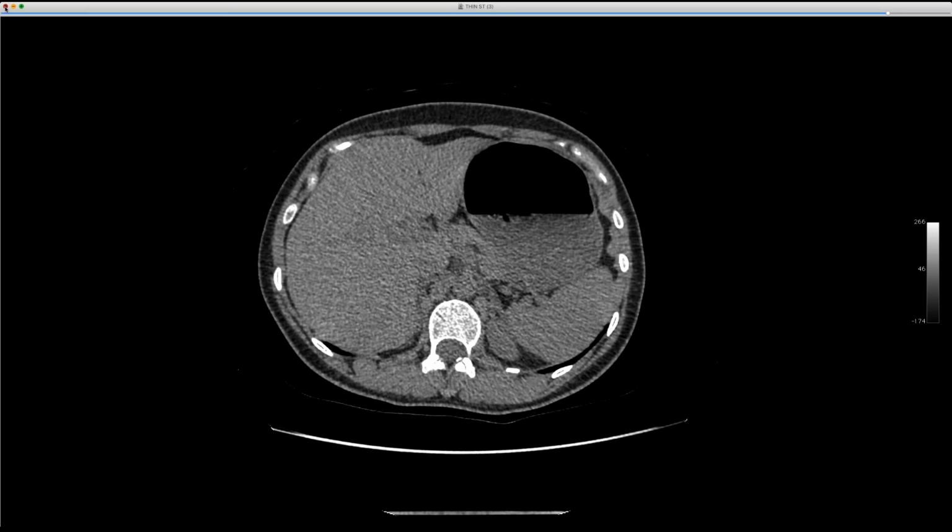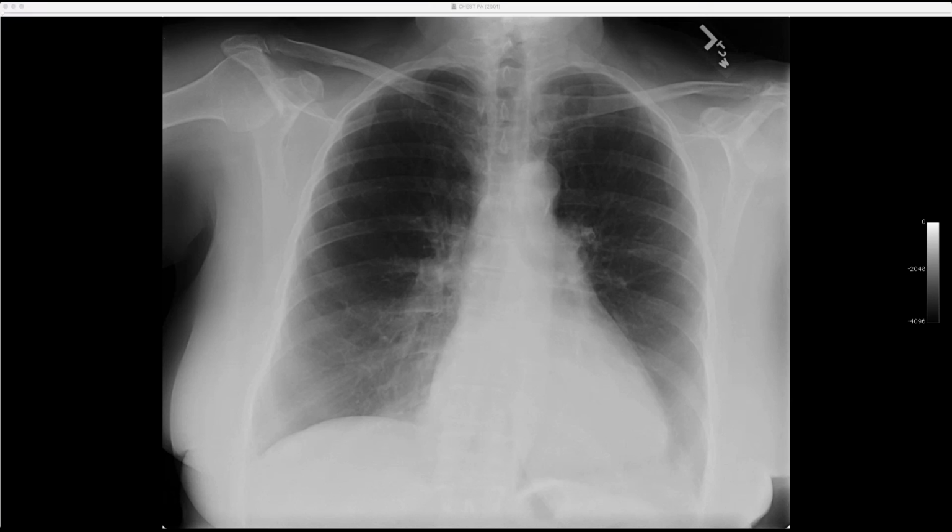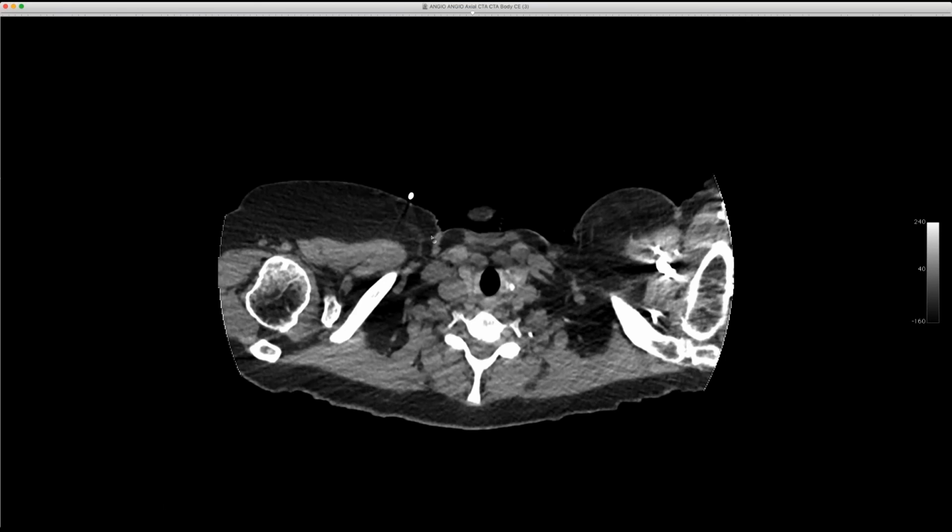All right, and then this is a nice case of pulmonary hypertension. I'll share you. Let's see. No, that's not what I want to do. So you can see the heart is a little generous. Pulmonary artery is a little plump, and there's a little bit of hypoperfusion there.